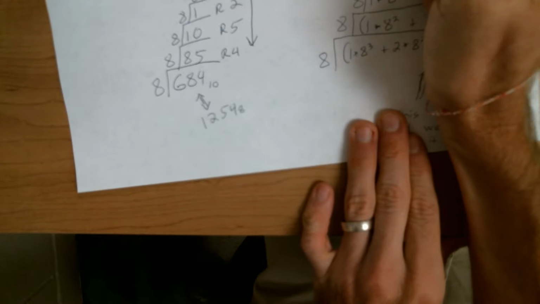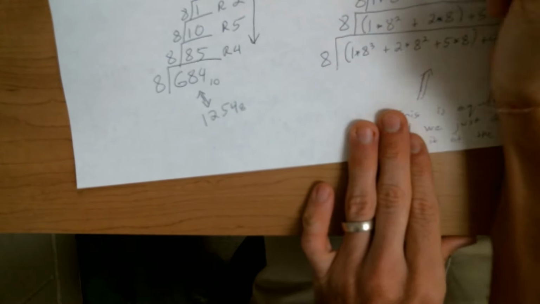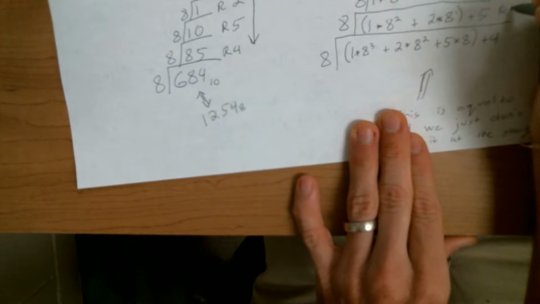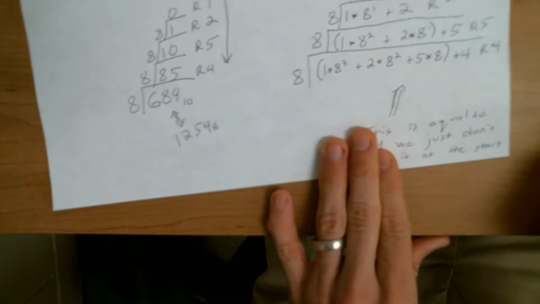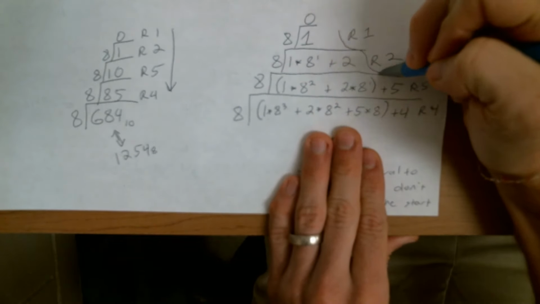And then I've got just this 1 here, and there's no 8s to pull out there, so I'm at 0, and I've got my remainder 1, my remainder 2, my remainder 5, my remainder 4. So that's the reason this works.